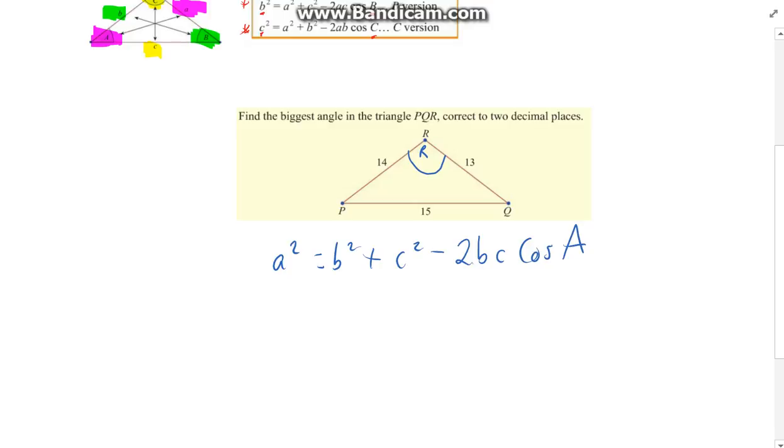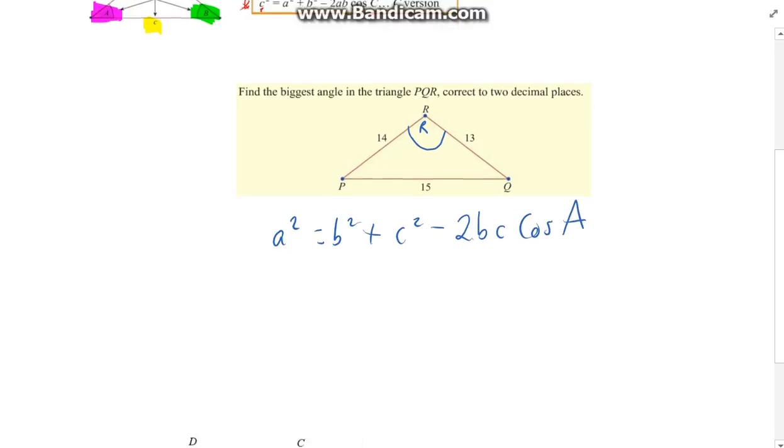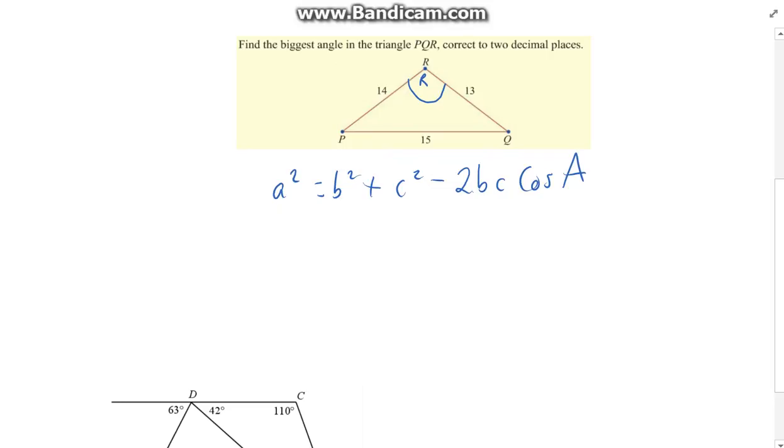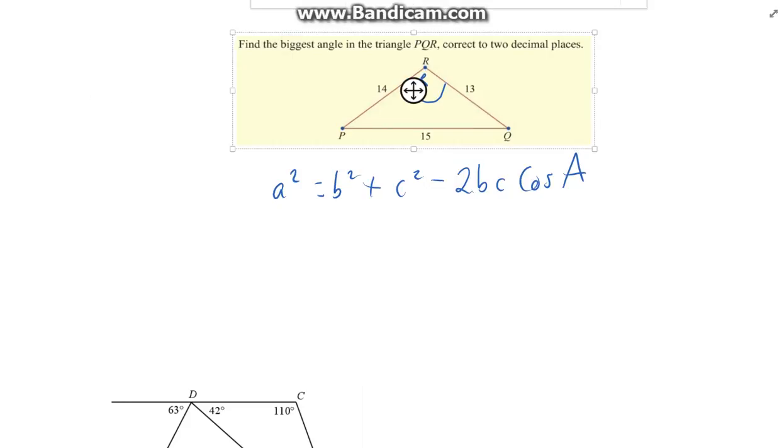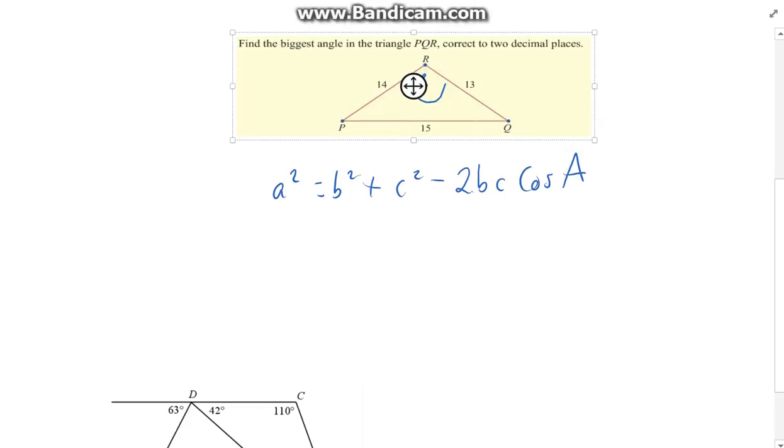So if I use these letters, it would be r squared is equal to p squared, because this is r. 15 would be r. This would be r, this would be q, and this would be p if we were to fill it into our formula. So it'd be r squared is equal to q squared plus p squared minus 2pq cosine R.